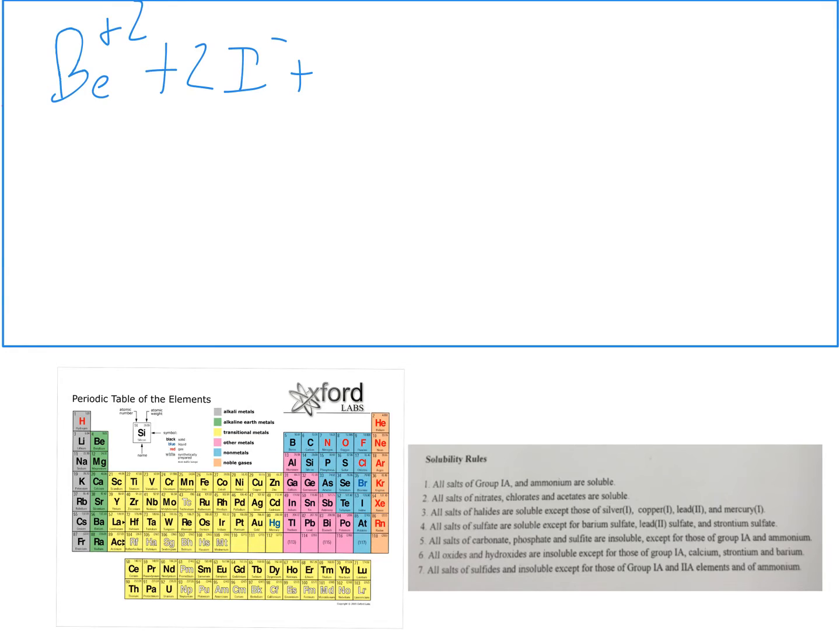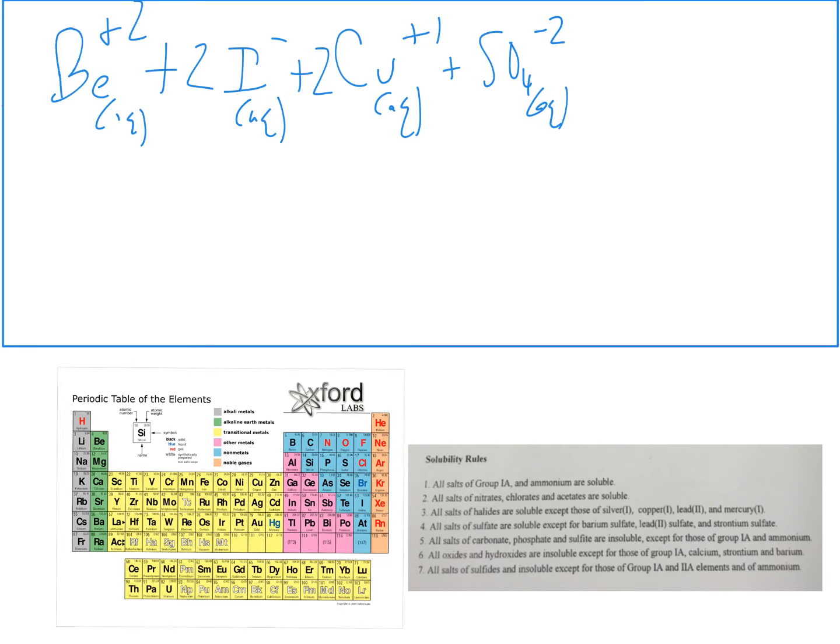So this is Cu plus 1 and SO4 minus 2. Oh, I forgot on the last problem, too, to put AQ next to all these, but I hope that we know that. Okay, so now I got basically beryllium sulfate and copper iodide.